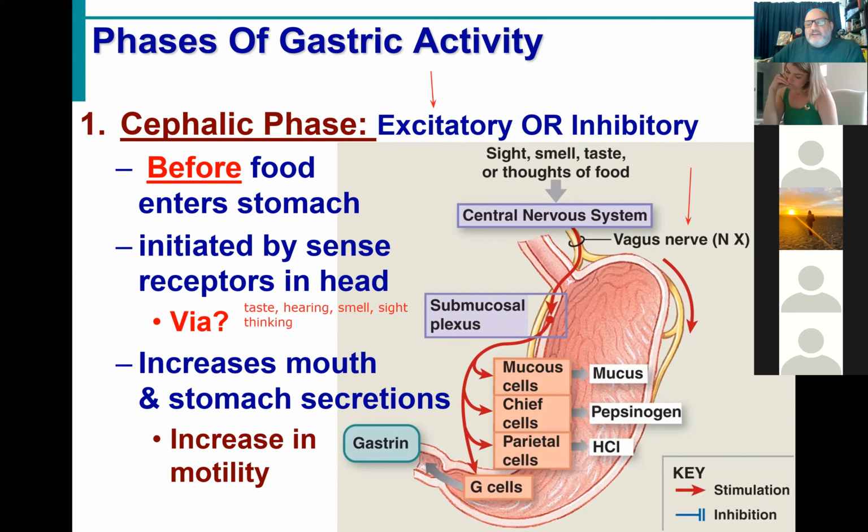But again, we're focusing on stomach activity, and so it is going to increase the secretions by the stomach. And if it continues, it can also influence motility as well. All right, that is our cephalic phase. And of course, remember, if it's inhibitory, then that is going to be sympathetic, and it will decrease motility. It'll decrease secretions.